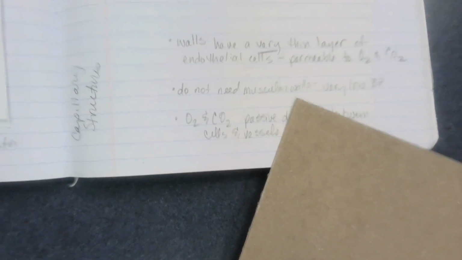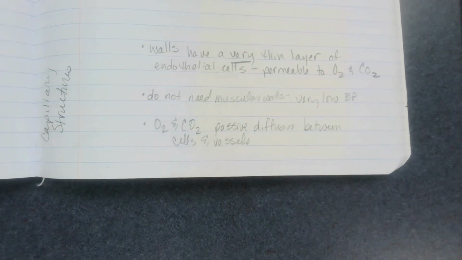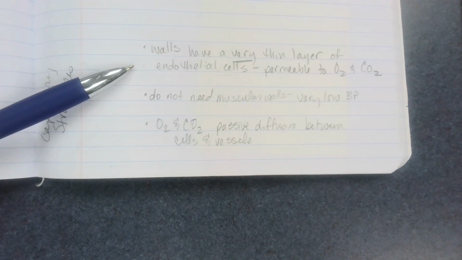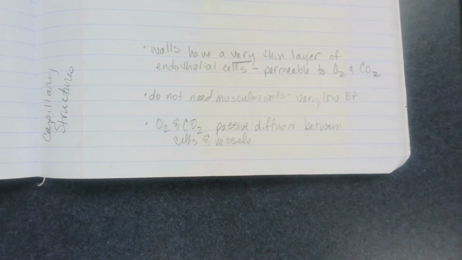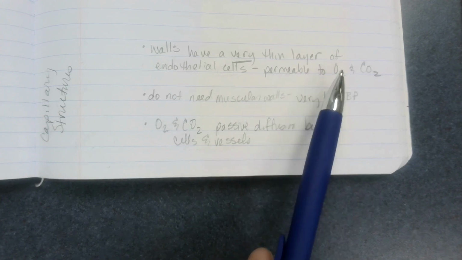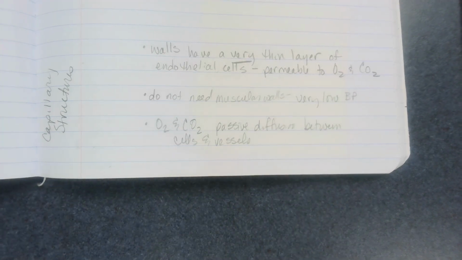Capillary structures. The walls of the capillary have a very thin layer of endothelial cells. This helps the vessel walls to be permeable to oxygen and carbon dioxide. Permeable means that oxygen and carbon dioxide can move in and out.